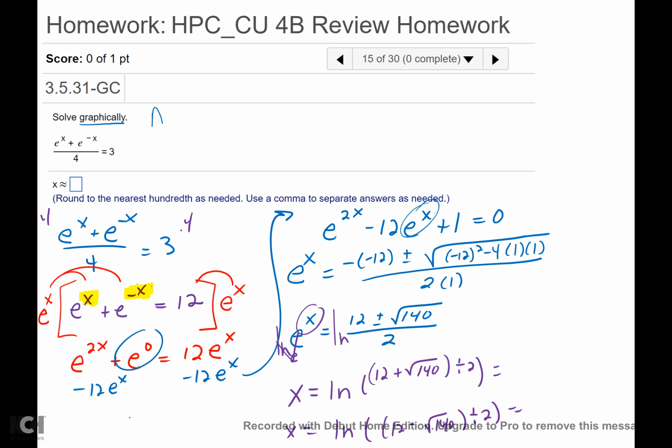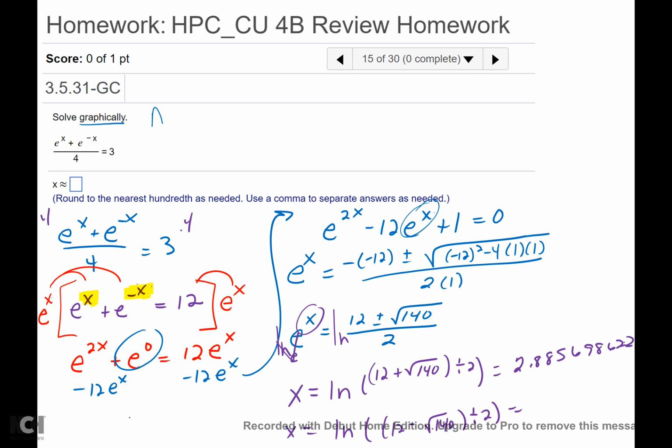And if I type that in, I have ln of (12 plus the square root of 140), close those parentheses, divided by 2, close the ln parentheses, and hit enter, and you get 2.885698622.